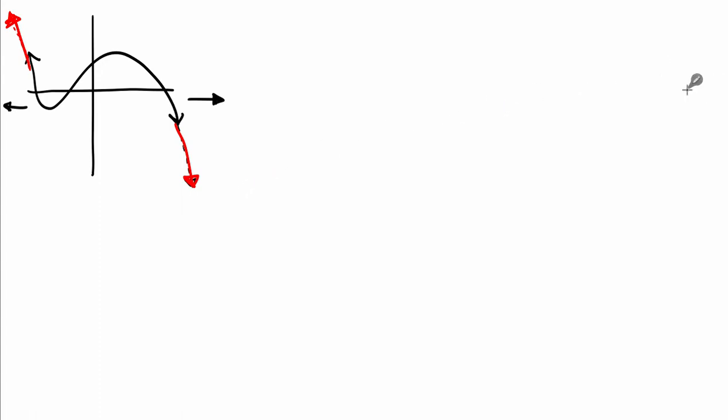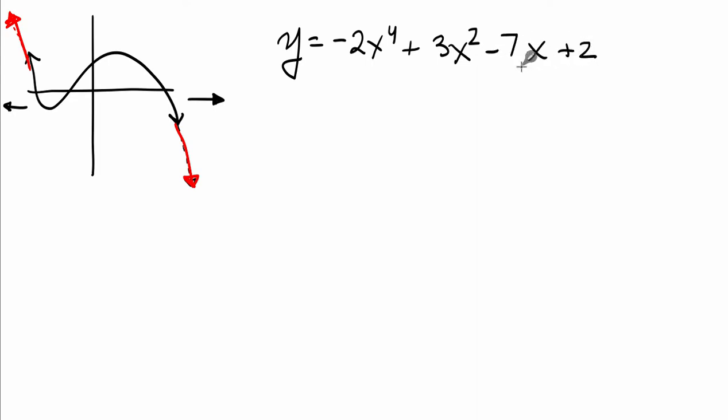Now, when you're dealing with a polynomial function, as an example, y equals negative 2x to the fourth plus 3x squared minus 7x plus 2, there is only one term, the highest order term, negative 2x to the fourth, the one with x to the highest degree power, that will actually determine what will happen when x gets very large, in other words goes to the right, or x gets very small, in other words x goes extremely far to the left into the negatives.